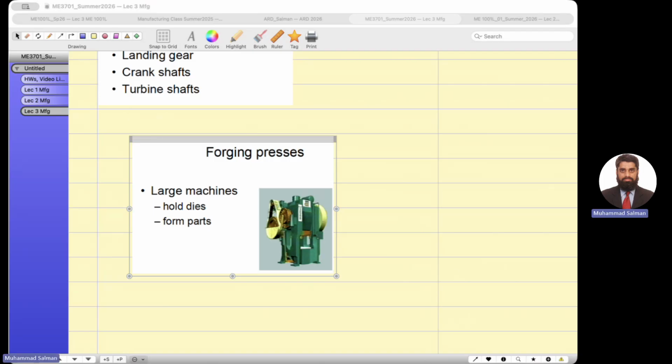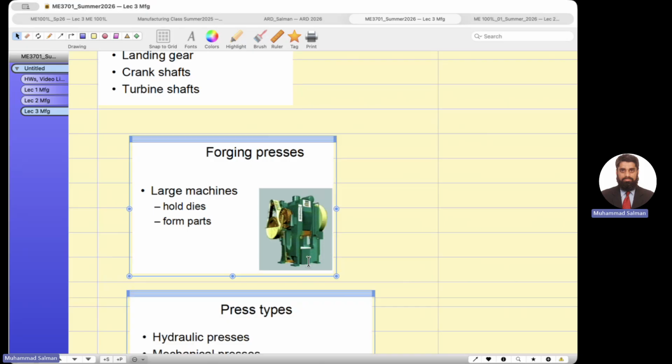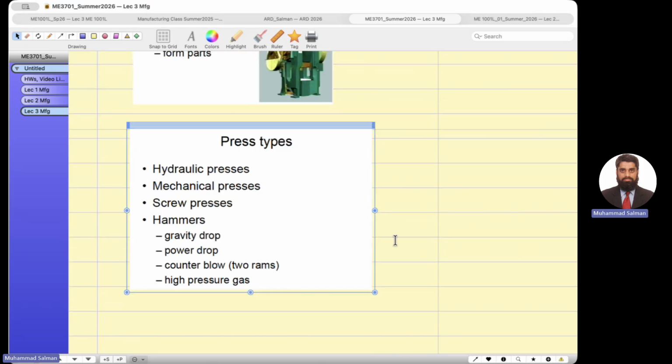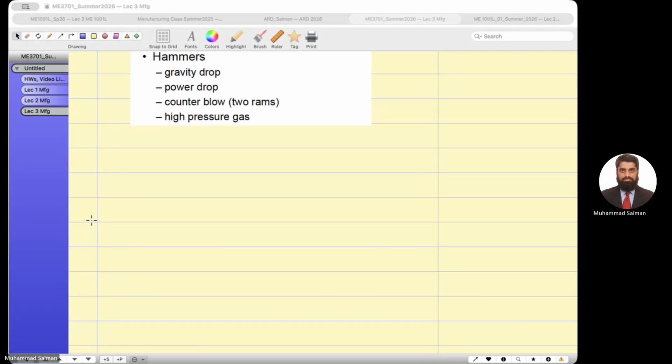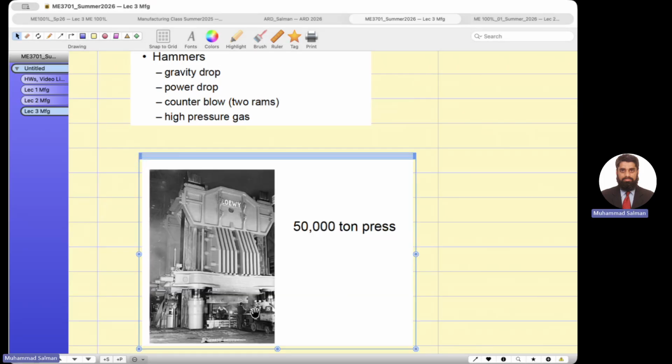Hydraulic presses, mechanical presses, and screw presses; hammers, gravity drop, power drop, counter blow, high pressure gas. But the main thing, you see 50,000 tons of forging force. That press is very, very huge. And you see the guy sitting over there, so tiny.